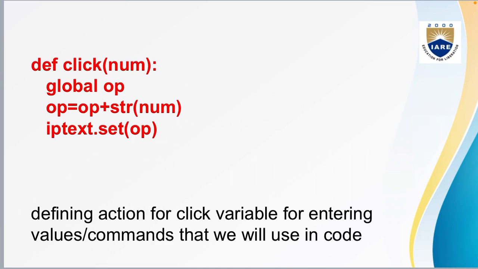When we click a button, the following code will run, that is op. Op is a variable. Op is equal to op plus str of num, ip text dot set op.